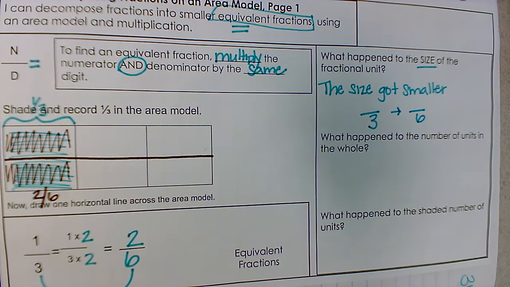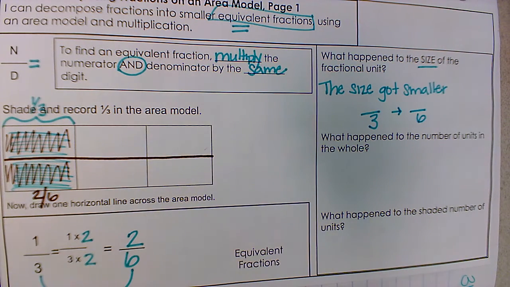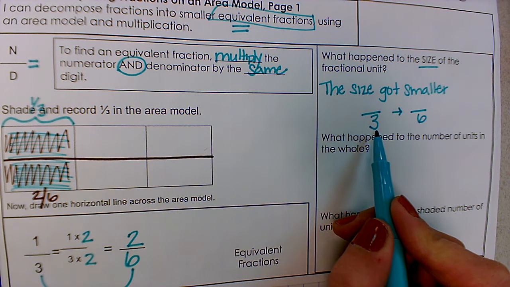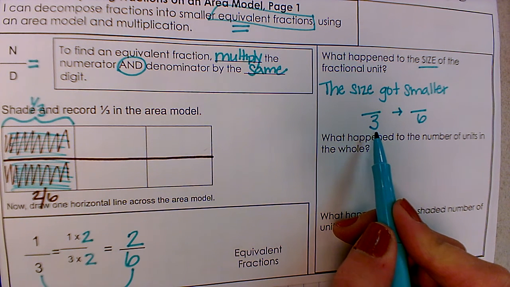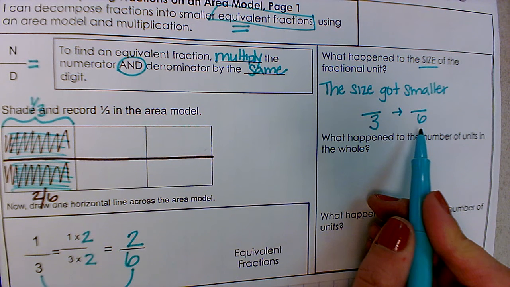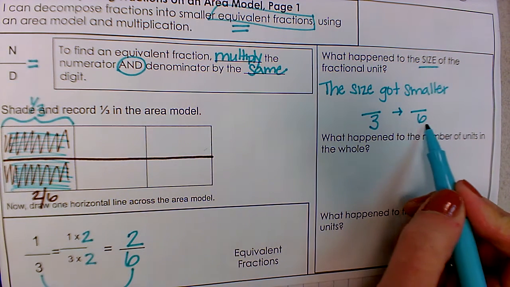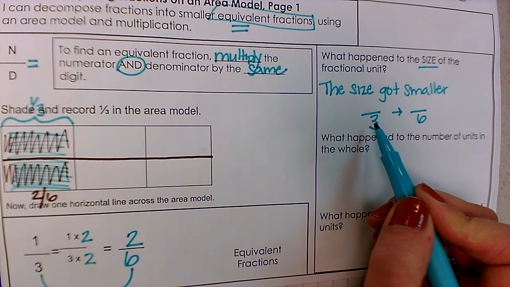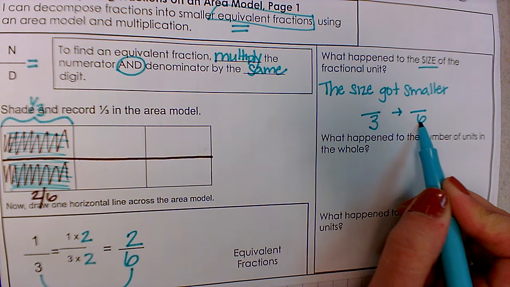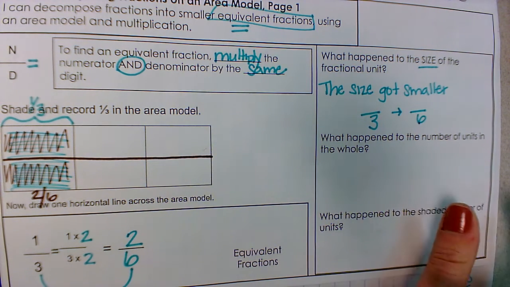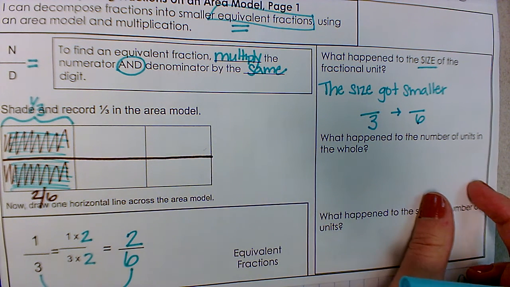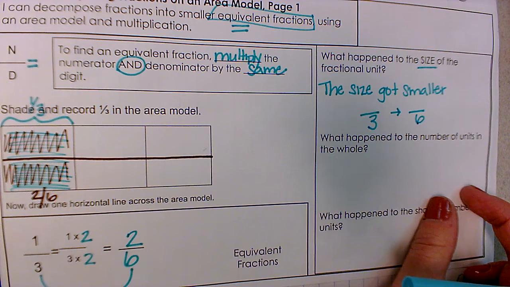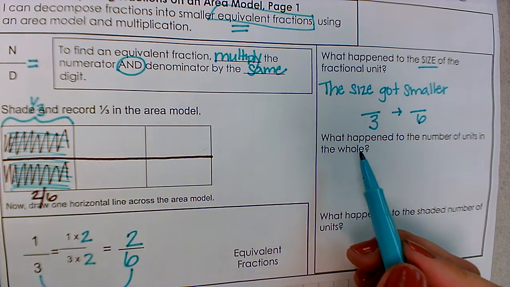That doesn't mean that my piece got bigger. It means my piece actually got smaller. Think of it this way. If I invited 3 friends over to share a pizza, the pieces are going to be bigger than if I invited 6 friends over to share that same pizza. I'm going to have to cut my pieces smaller when there are 6 of them instead of 3. So when my denominator is the bigger number, the piece of my fraction is actually smaller. Okay.